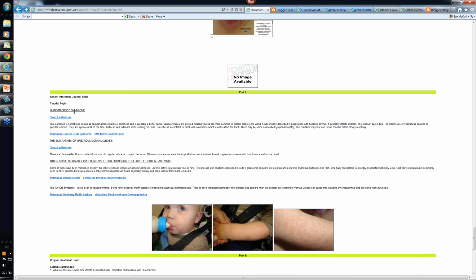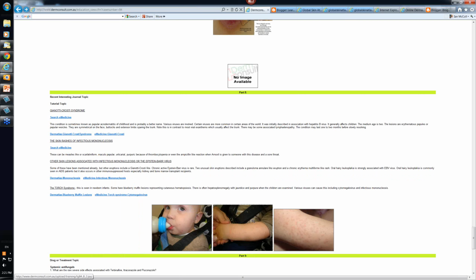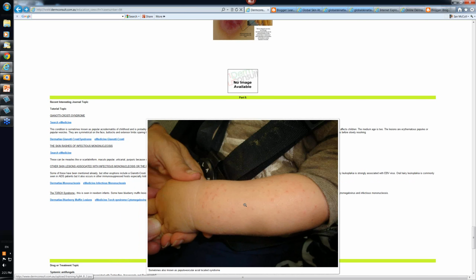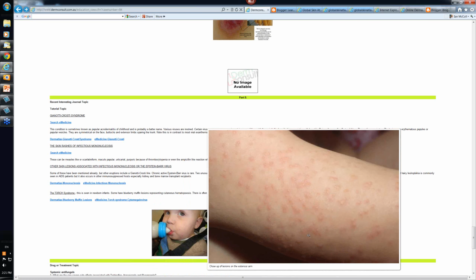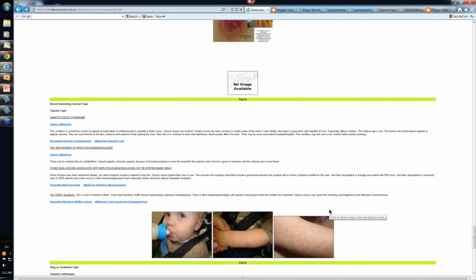What have we got for Gianotti-Crosti? This kid shows some of the features of it. Usually you're going to get your papules or papulovesicular lesions on the cheeks and on the extensor aspects of the arms, like this, or the legs, and they almost look papulovesicular here, but they don't exactly weep or break onto the surface.